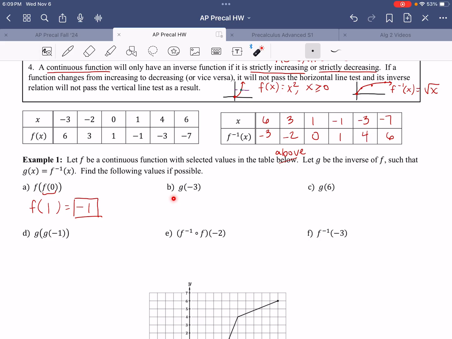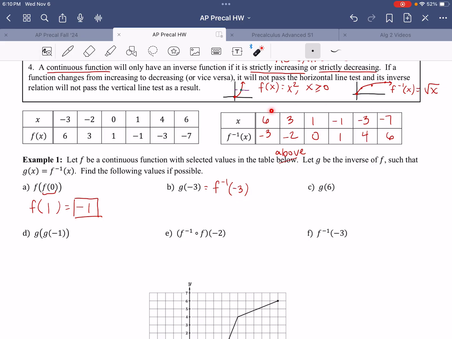Okay, so B says g of -3. And if you're like, wait, there's no function g. Well, yes, there is. It told us that g of x is equal to the inverse of f. So this is asking me to do the inverse of -3.